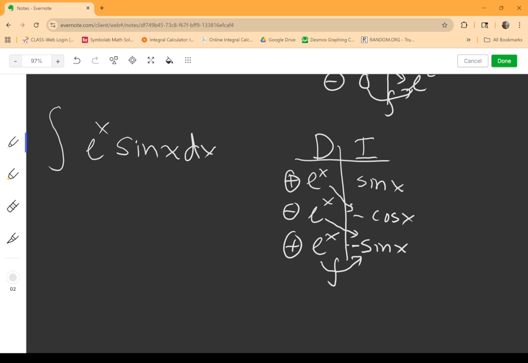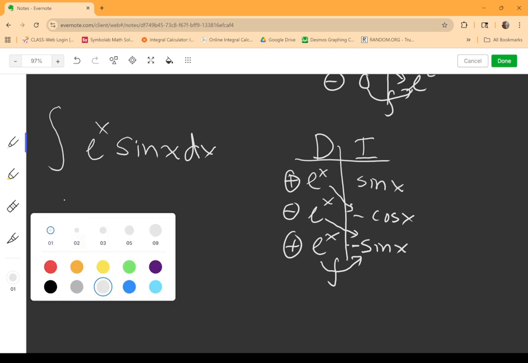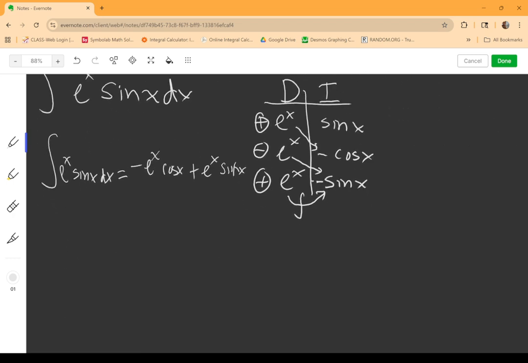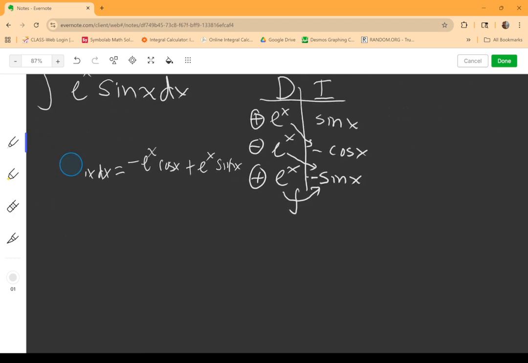So I'm going to rewrite this as the integral e to the x sine of x dx, and here I get negative e to the x cosine of x plus e to the x sine of x. Let me write this and give myself enough room.